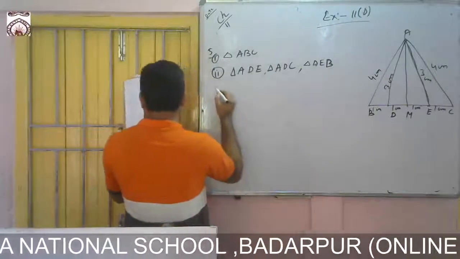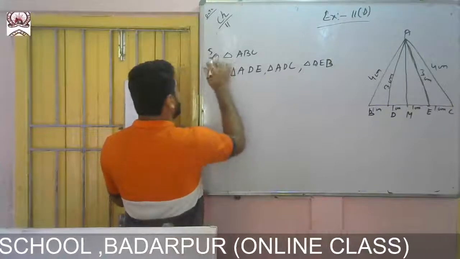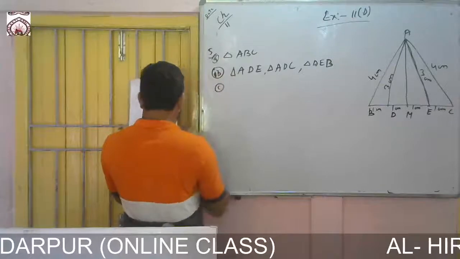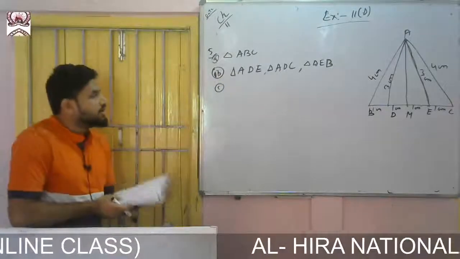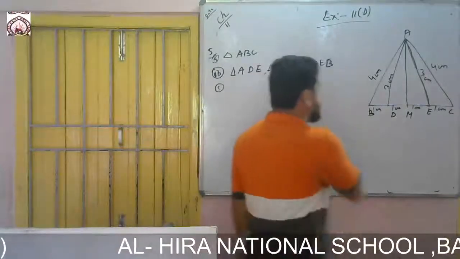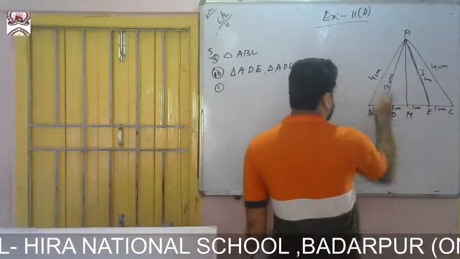Okay, now come to the next part. Name the scalene triangle. That means whose measures are not equal. So I can take triangle ABD with sides 4, 1, 3.